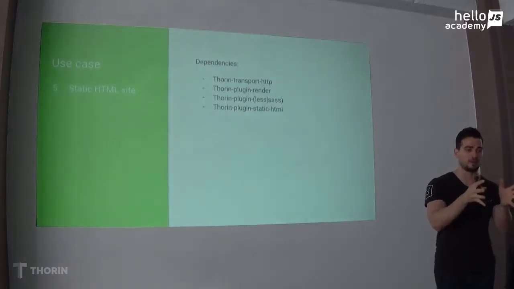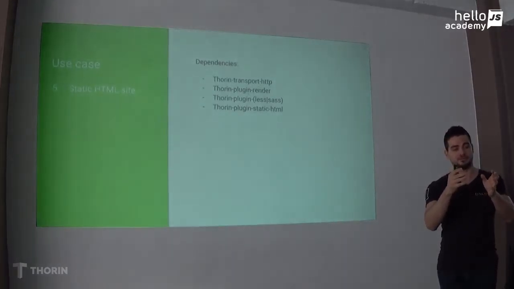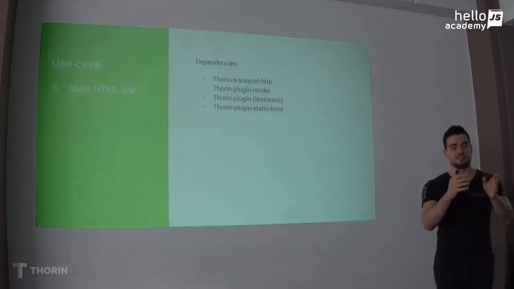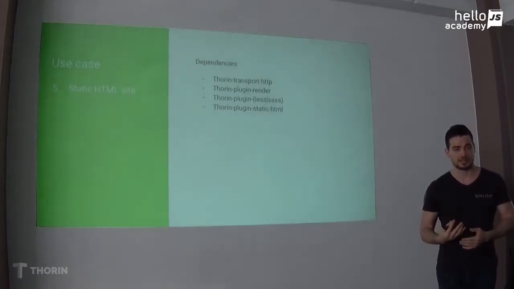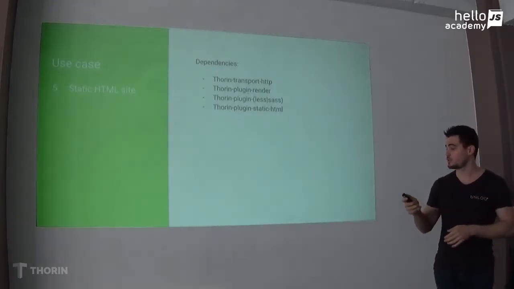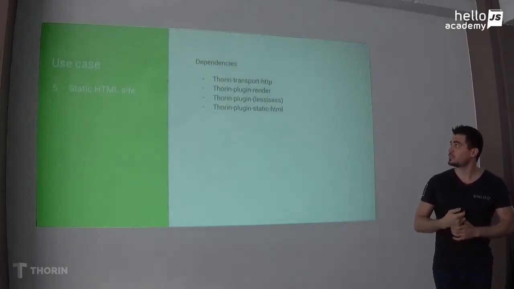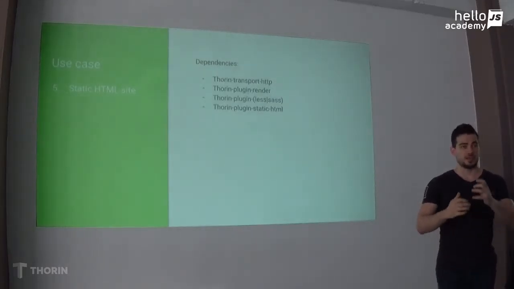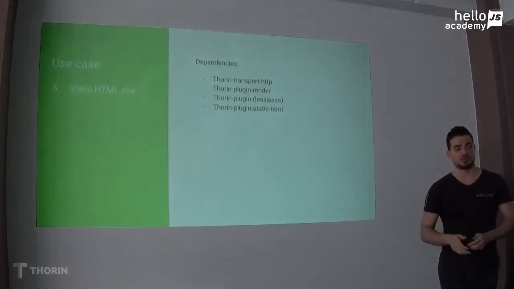So you have one layout and you have one single menu, and finally when you've done creating all your endpoints, you can just run the static HTML plugin to essentially download your application and save all the HTML files.